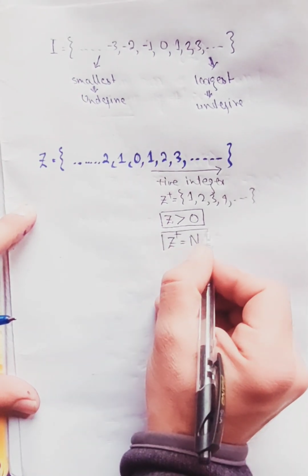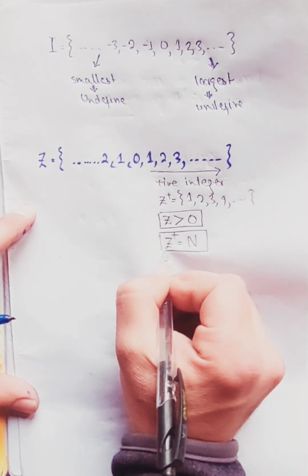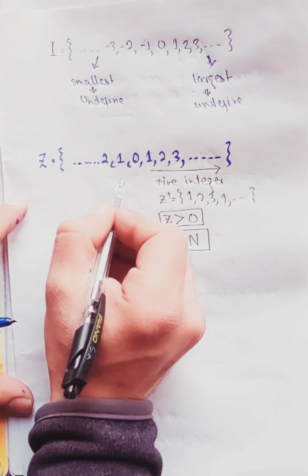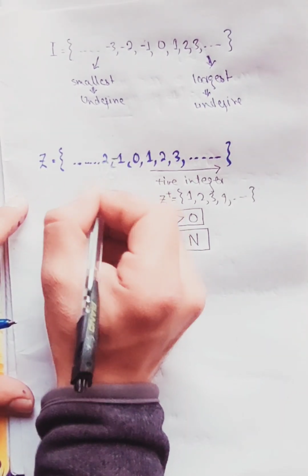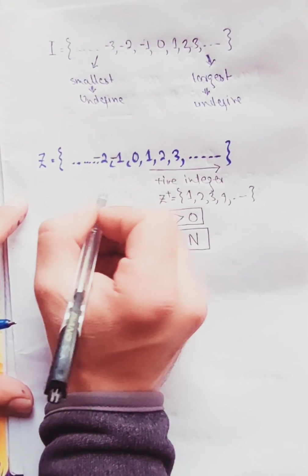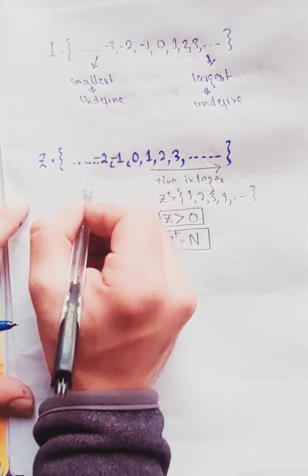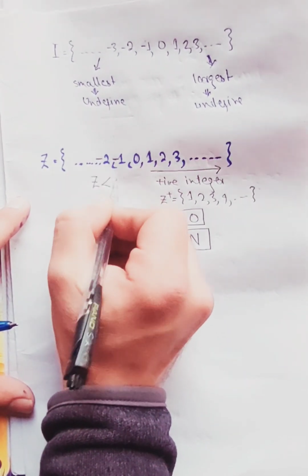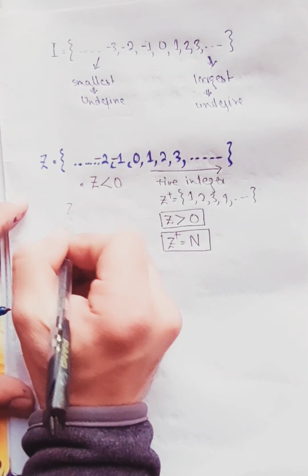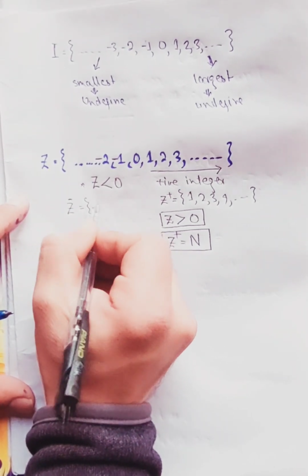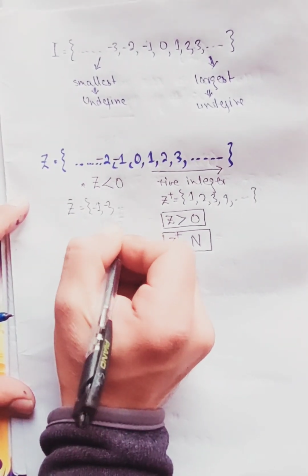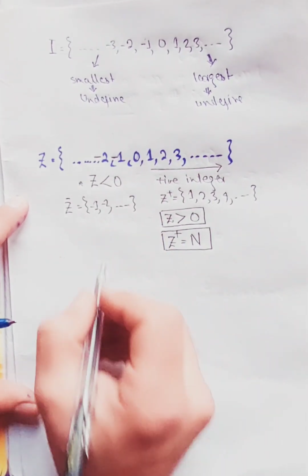And those integers which are less than 0 are called negative integers. So negative integers are -1, -2, -3, and so on up to infinity.